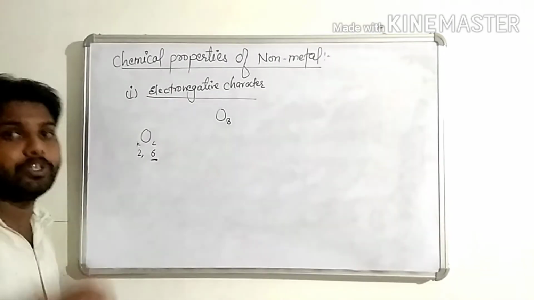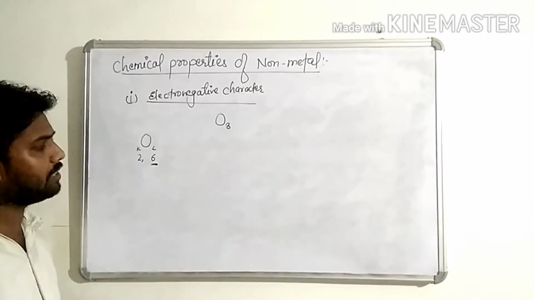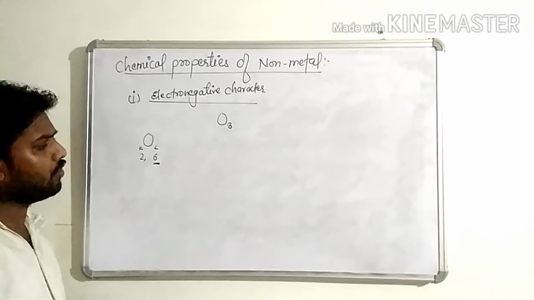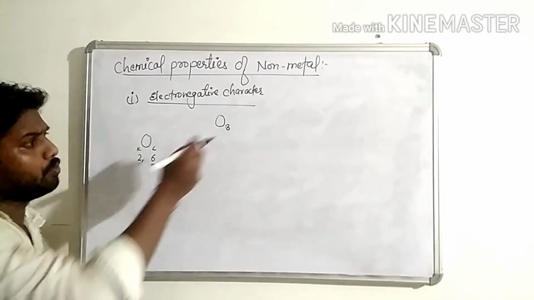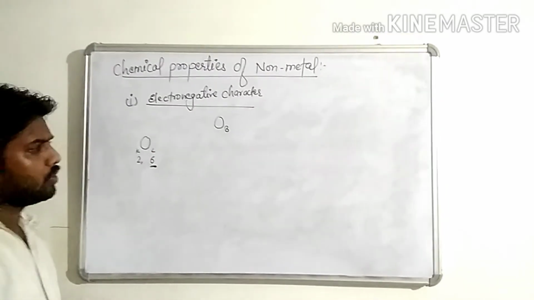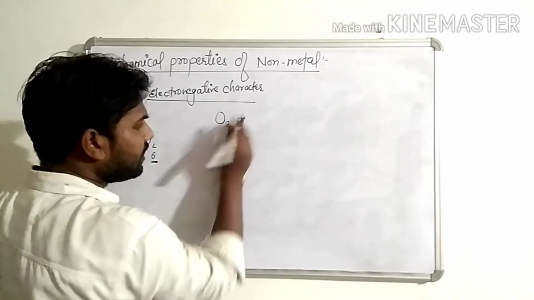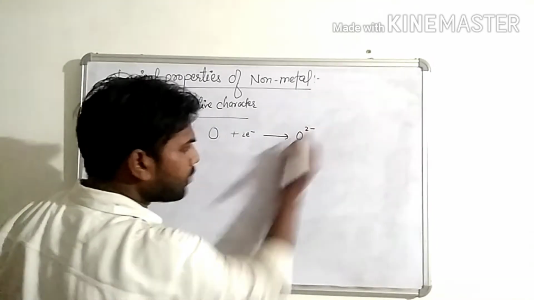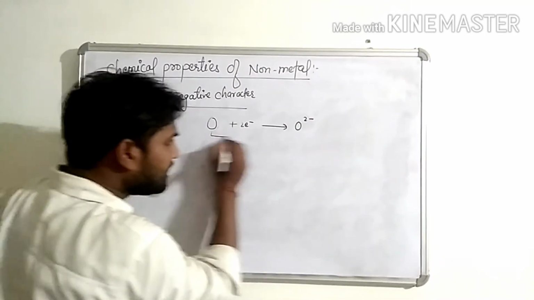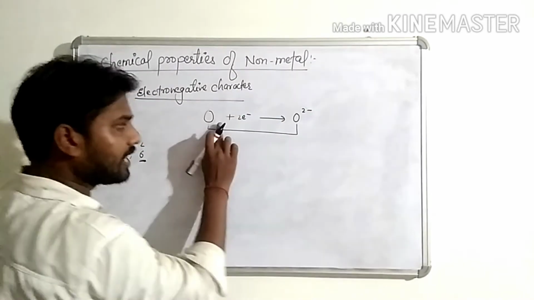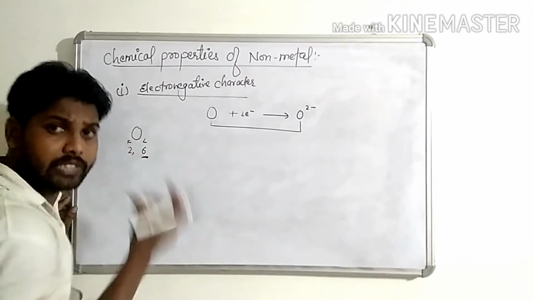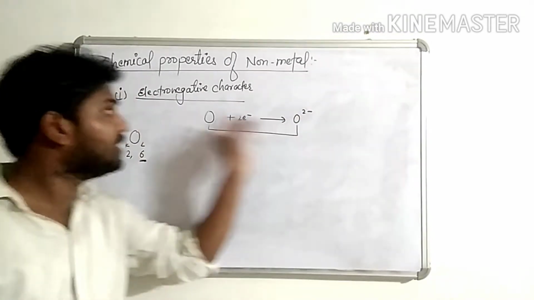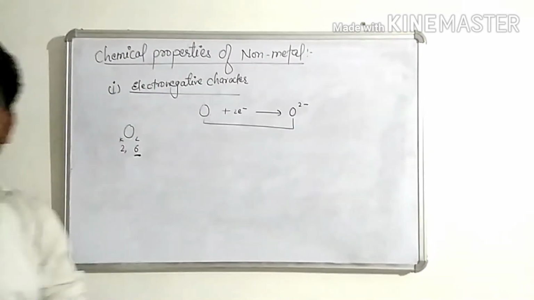So it needs 2 electrons to complete its stability. Oxygen tries to gain 2 electrons from another atom to become like an inert gas. When oxygen gains 2 electrons, it forms O 2 minus. This is the electronegative character: those atoms which gain electrons and form a negative charge.